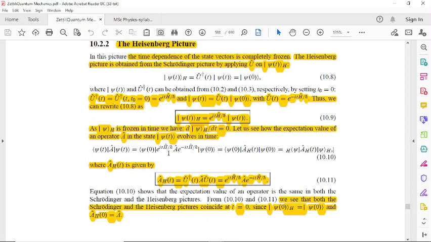So we can write bracket psi of 0, e power iHt by h cross, A, e power minus iHt by h cross, with psi of 0. Here actually what we are doing is using the transformation equation of bra psi of t using this expression and ket psi of t using this expression.